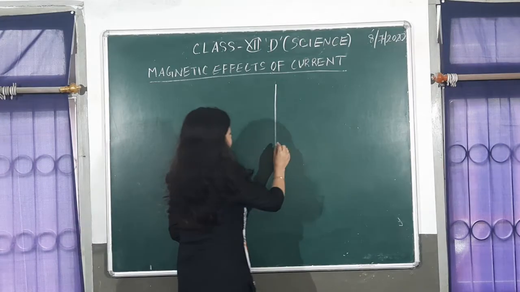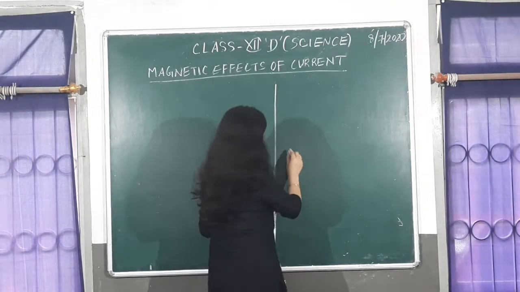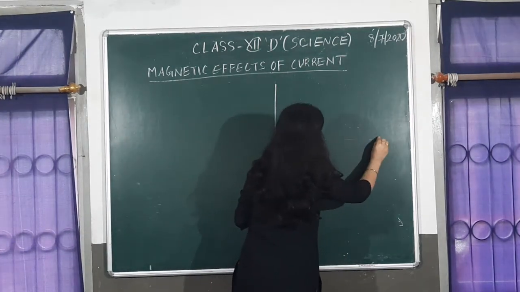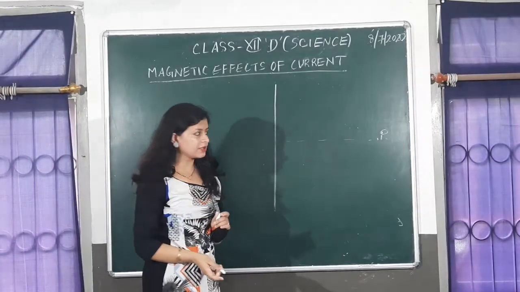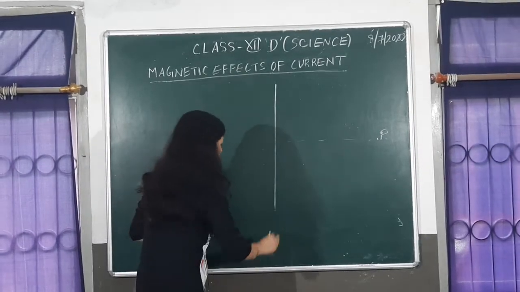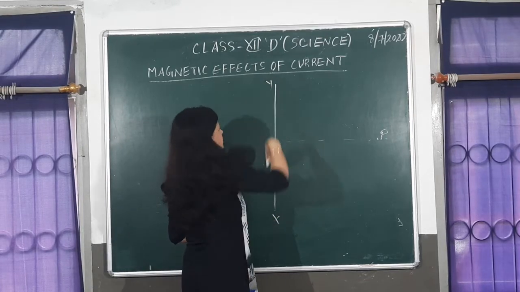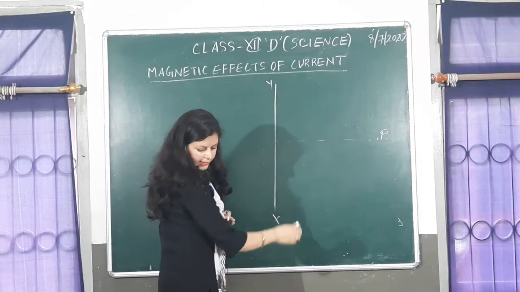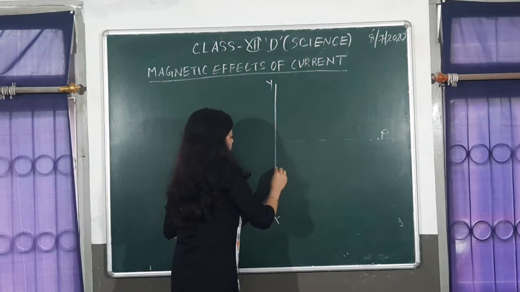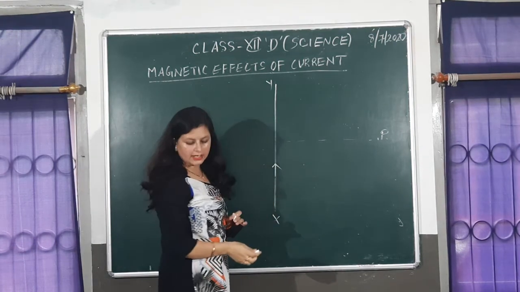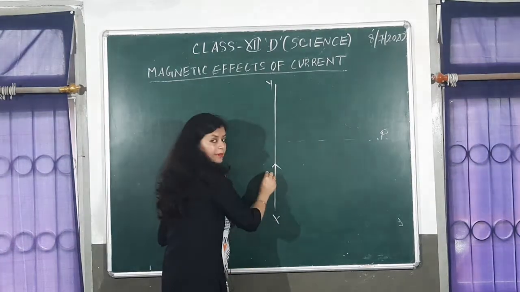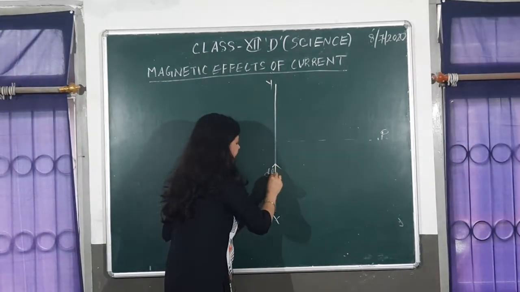Then say you have a point P at which you are finding out the magnetic field induction due to this straight wire. I'll name the wire as XY, alright? And to apply Biot-Savart's law, I need to define a very small current element, the length of which will be equal to dl.